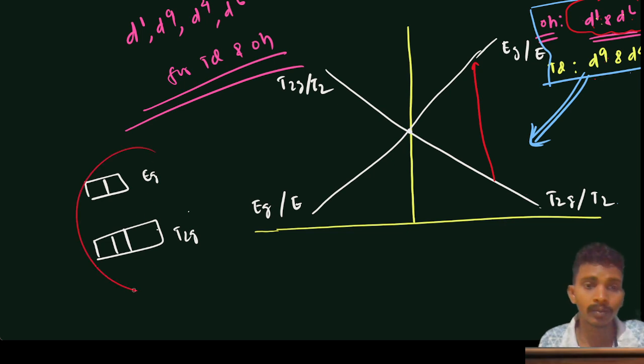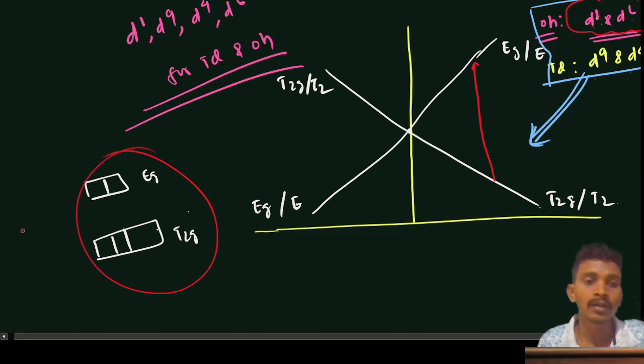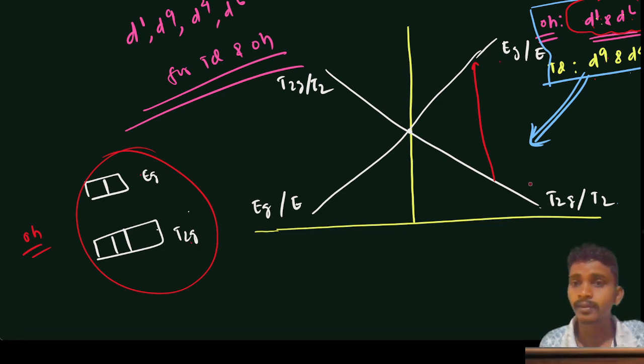Whenever you are doing octahedral cases, first comes T2g and Eg. This will follow for D1, D6, D9 and D4. For octahedral D1 and D6, and for tetrahedral D9 and D4, this will follow.